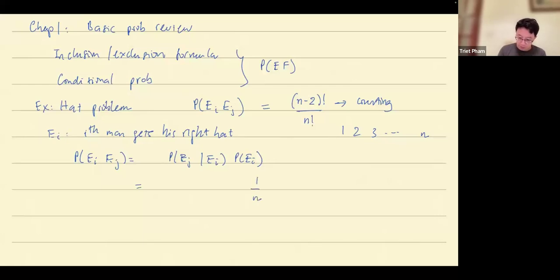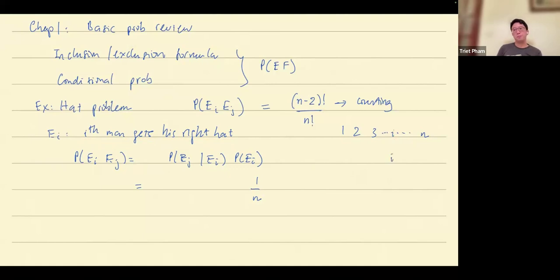Now, what about this? Remember, I said conditioning gives you a different way to look at things, or more information, if you will. Conditioning on E_i means you know that the ith man already gets his right hat. The ith hat is already there.